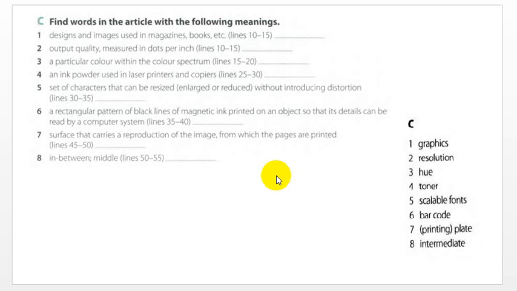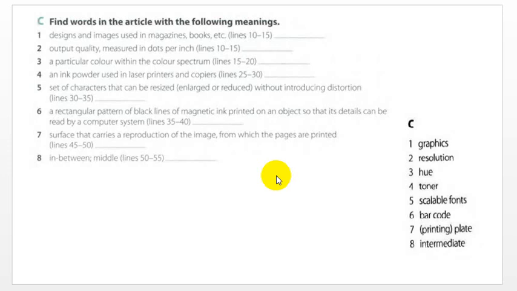A set of characters that can be resized, it means enlarge or reduce, to become big, without introducing distortion, line number 30 to 35, is called a scalable font. What is a scalable font? A set of characters that can be resized, enlarged and reduced, without introducing distortion.